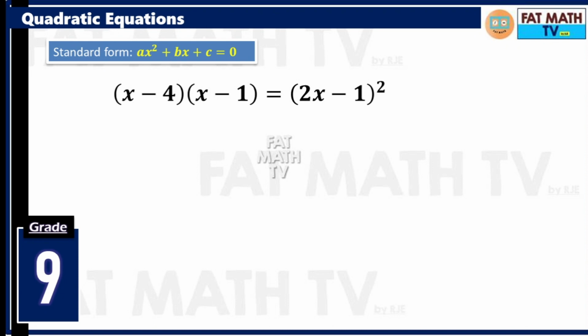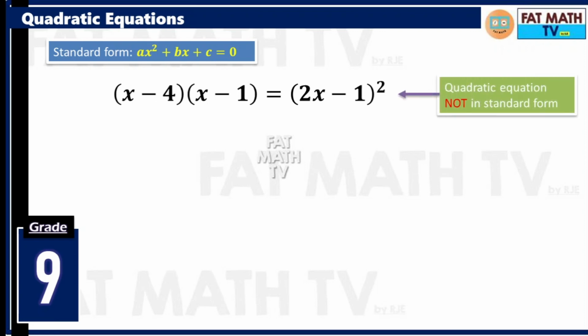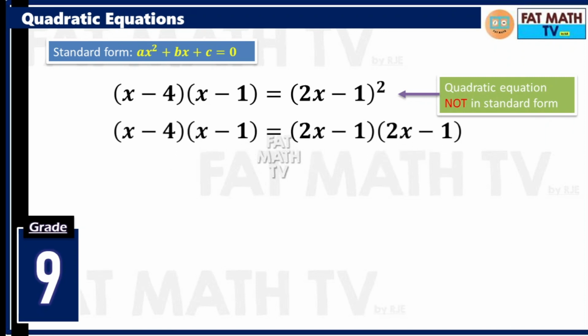How about this? x minus 4 times x minus 1 equals 2x minus 1 squared. So 2x minus 1 squared is 2x minus 1 times 2x minus 1. So expand and simplify both sides of the equation. x times x is x squared. x times negative 1 is negative x.